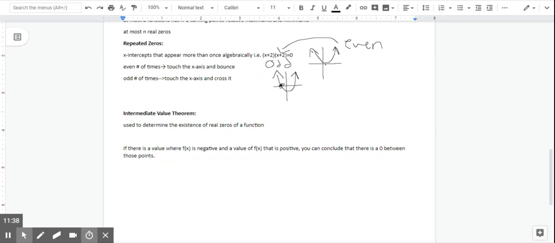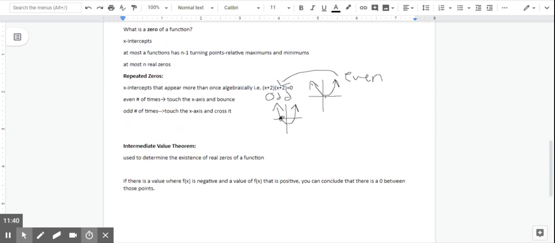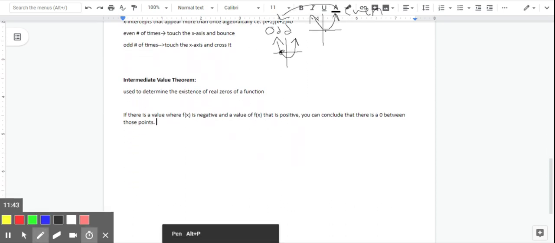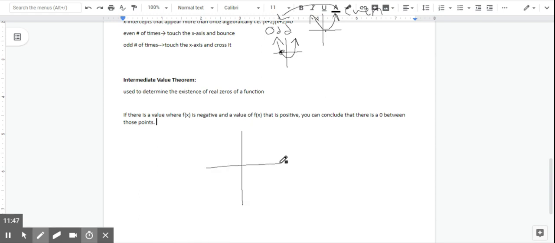What this is saying is, if we have a negative y value, let's say here's -1, we have a point here. And then let's say we have a positive y value, so positive 1 is here, we'll put a point here. You can conclude that there is a 0 between these points.